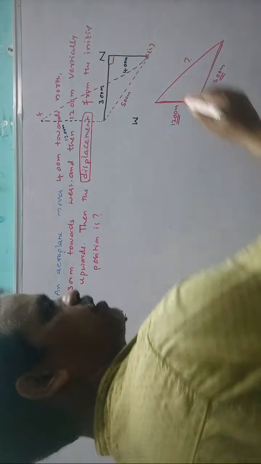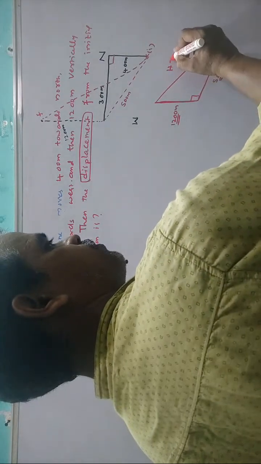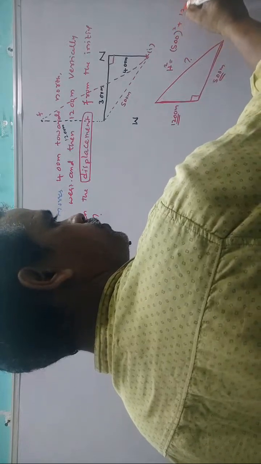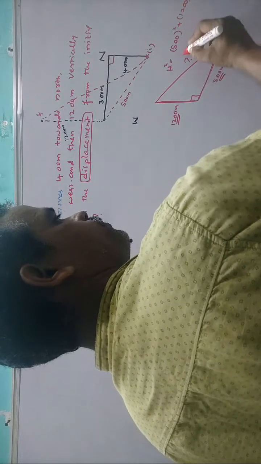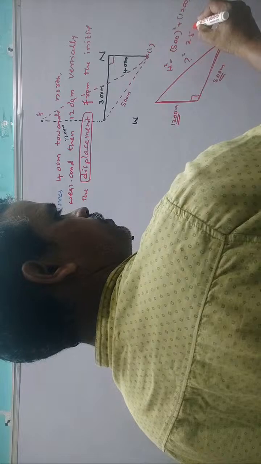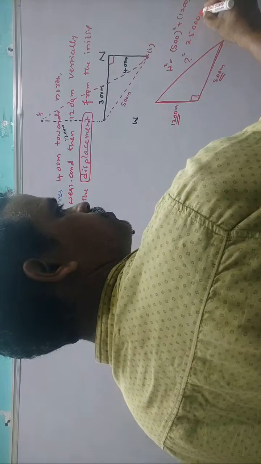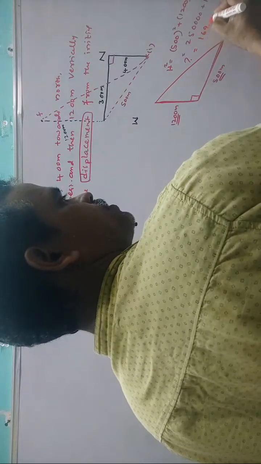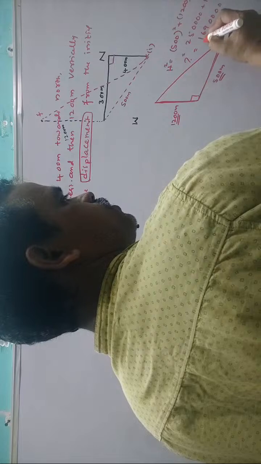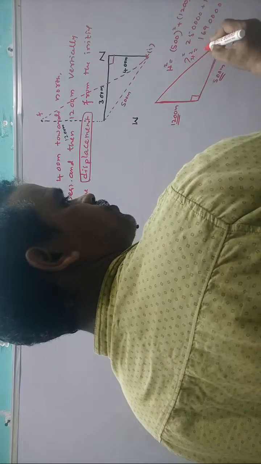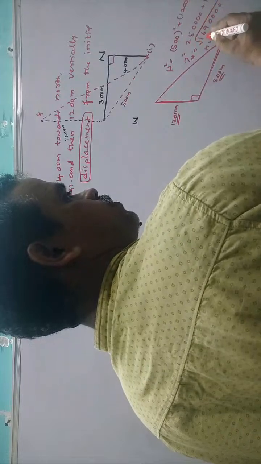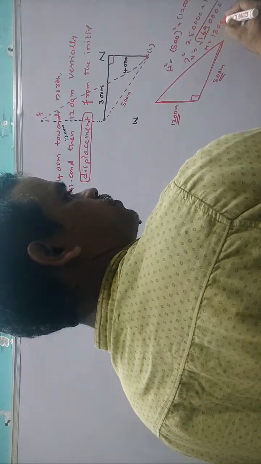What about this one? This is the hypotenuse. Hypotenuse square equals 500 square plus 1200 square. That is 25,000 plus 144,000. You will get 169,000. So this is hypotenuse square. H equals under root of 169,000.